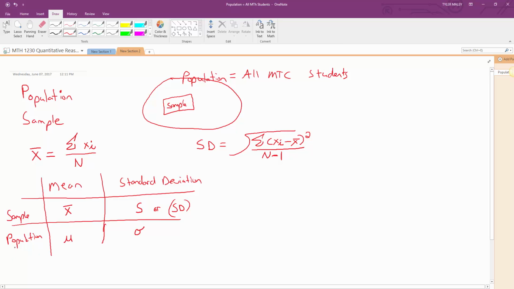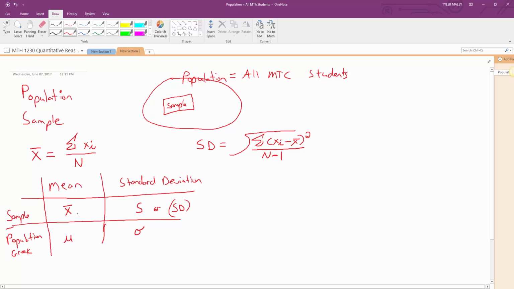If we're talking about the population, it's always a Greek letter, and if it's a sample, it's not a Greek letter, it's just the standard alphabet. And you might wonder why we have to use different symbols if it's a sample or population.